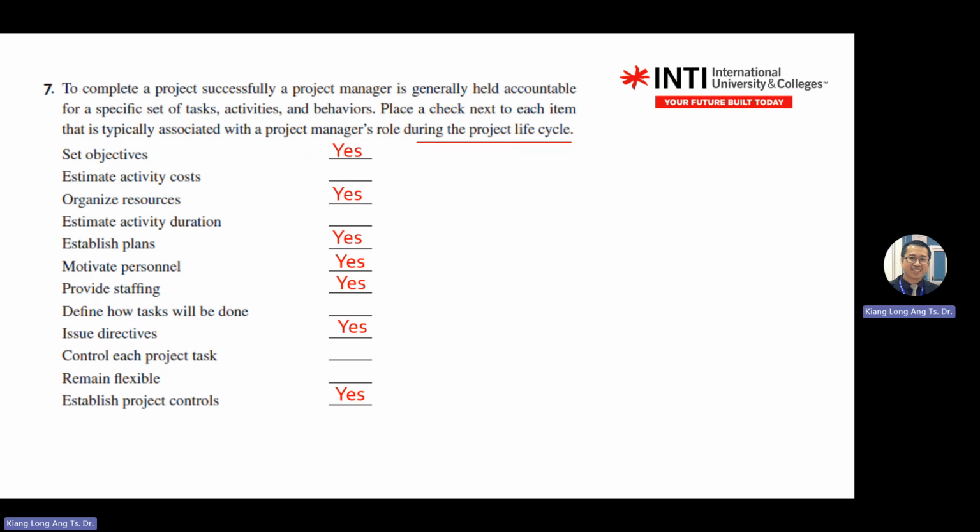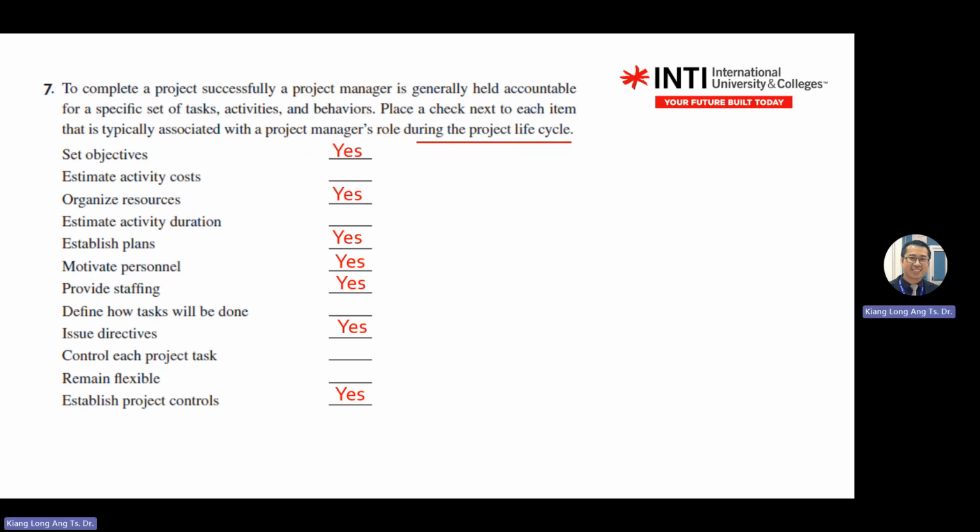Plan is organize resources. The word is yes because of the word organize. If the word changes to provide resources, then it is a functional manager's. So this one is yes and no. It is a gray area.